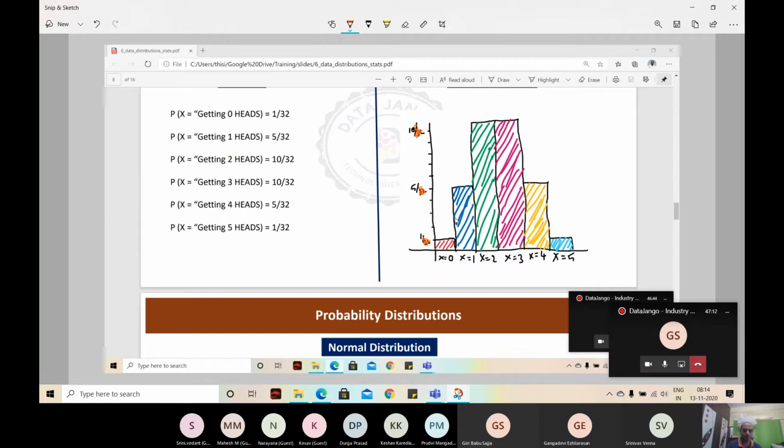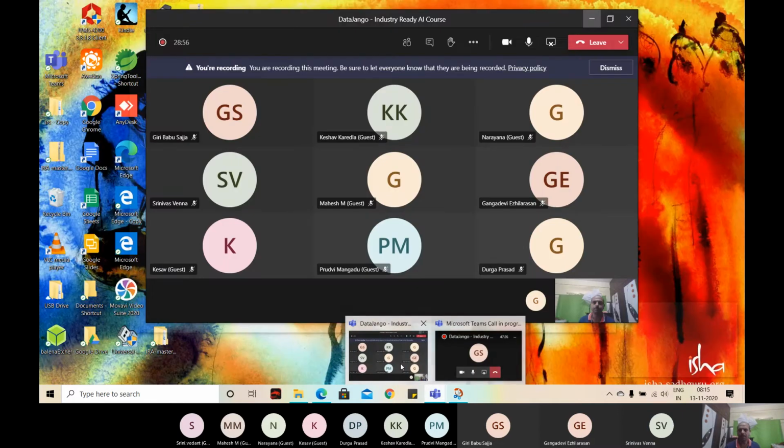Will the shape change? Will those heights change, or the way it looks right now? No. Does anybody disagree with the statement?